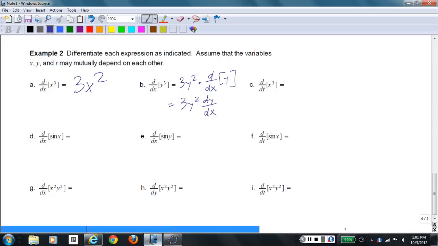So we'll differentiate a lot of variables with respect to t. That'll be common. d dt of x cubed is going to be 3x squared times, if x is a function of t, if x changes when time passes, we have to multiply by the derivative of x with respect to t.